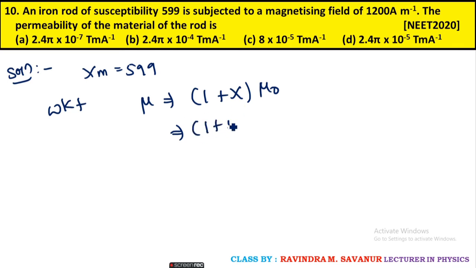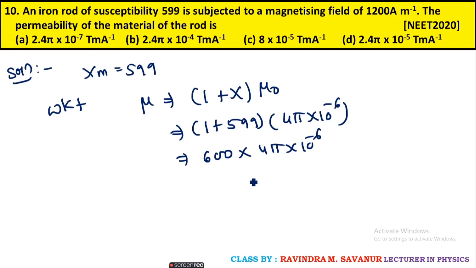Here the susceptibility is mentioned as 599. Mu naught can be taken as 4 pi into 10 raised to minus 7. After multiplying 600 into 4 pi into 10 to the power of minus 7, we are going to get the answer 2.54 pi into 10 to the power of minus 4 Tesla meter per ampere. So which option is correct? Option B.